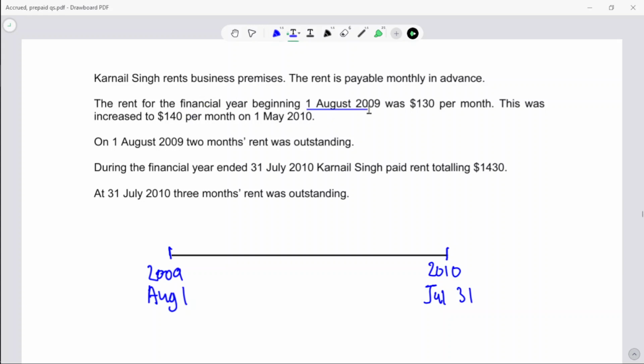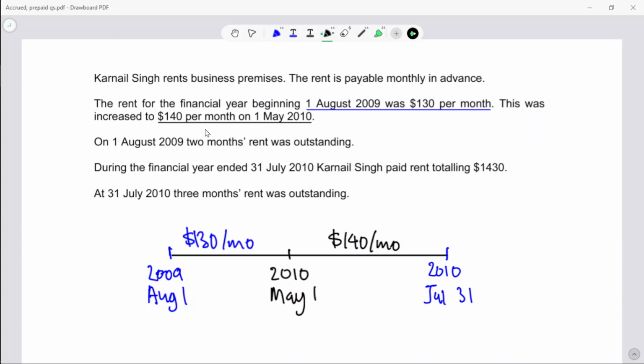On 1 August, 130 per month. Then suddenly, okay, so this day is, I think, here. So previously is 130 per month, now 140 per month.